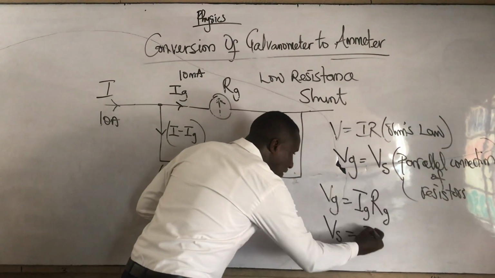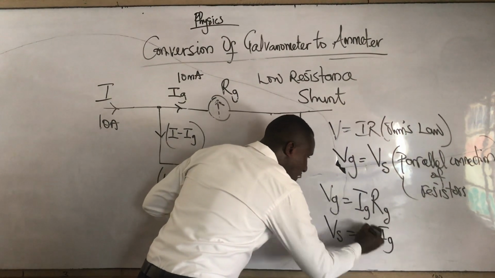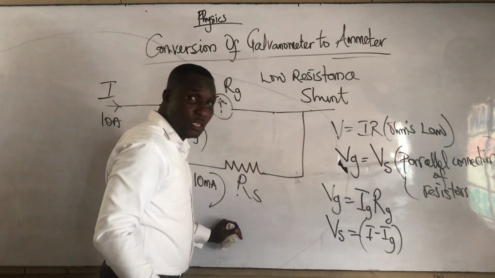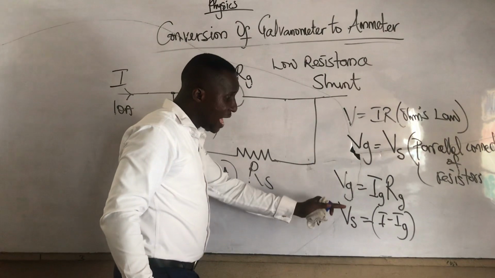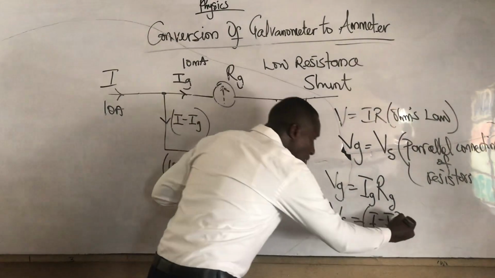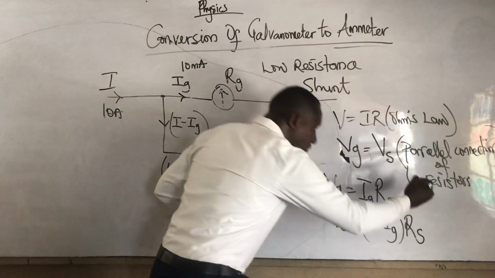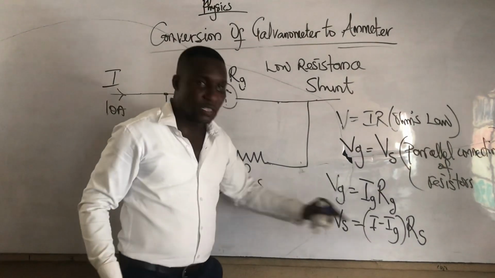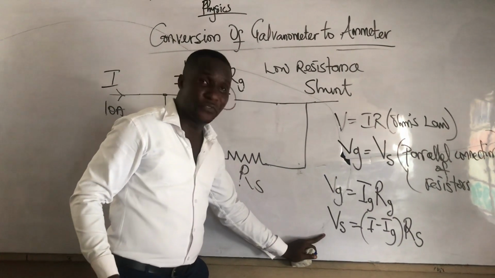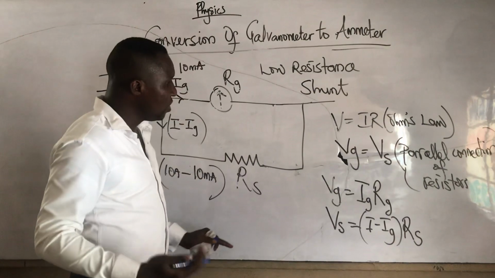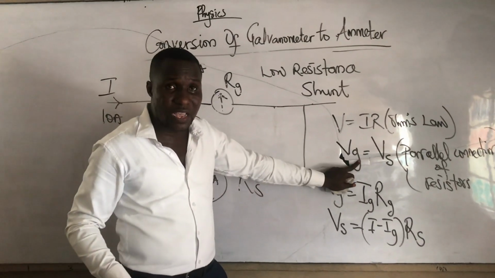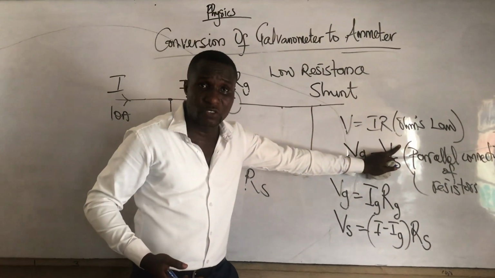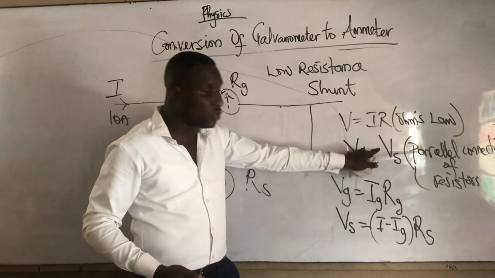That means the current in the shunt, which is (I minus Ig), multiplied by the resistance of the shunt, is the potential difference of the shunt. And we know that the potential difference of the galvanometer is the same as the potential difference of the shunt. Substitute this into this formula.